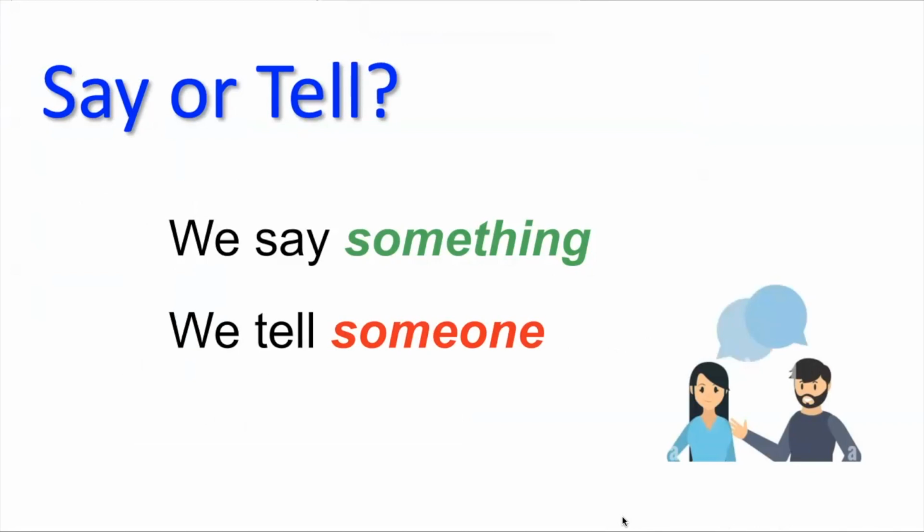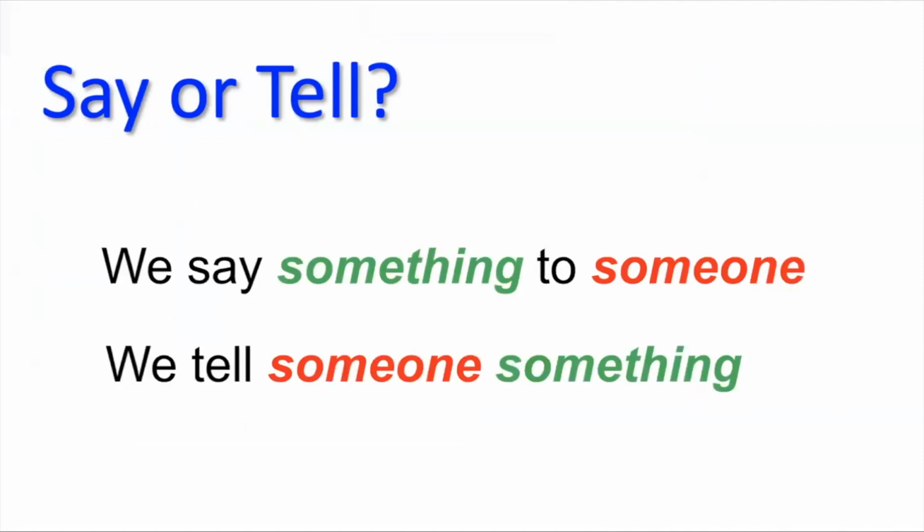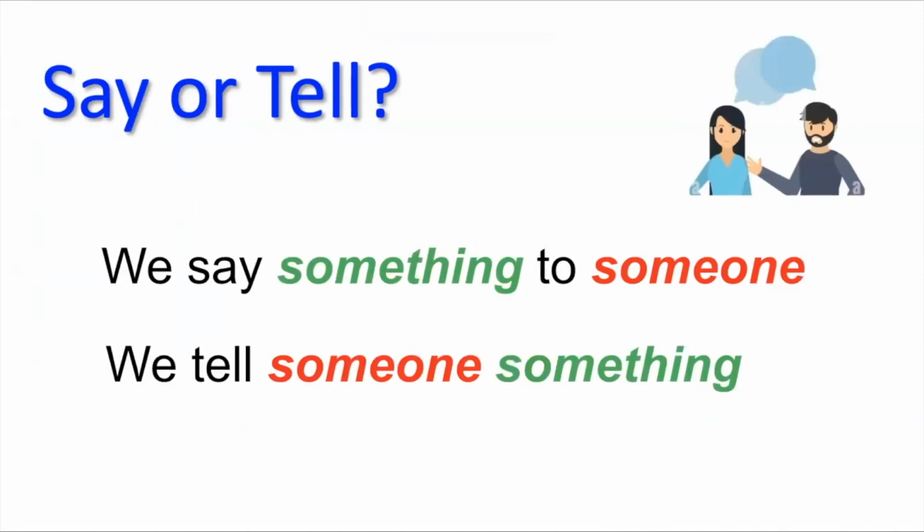So we say something, we tell someone, or we say something to someone, we tell someone something. Say always has to have the something, and tell always has to have the someone. And if you include the listener with say, you have to include the to.